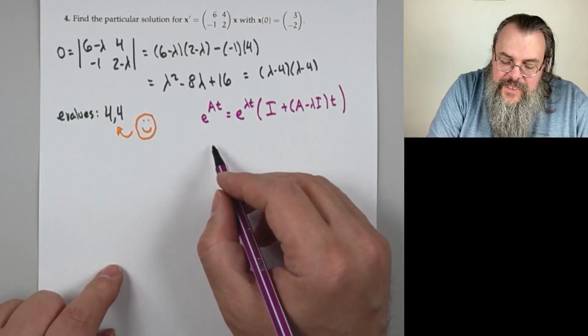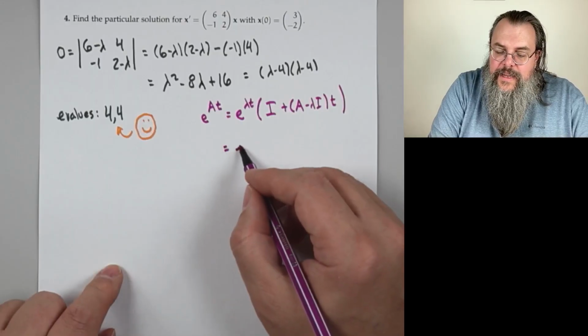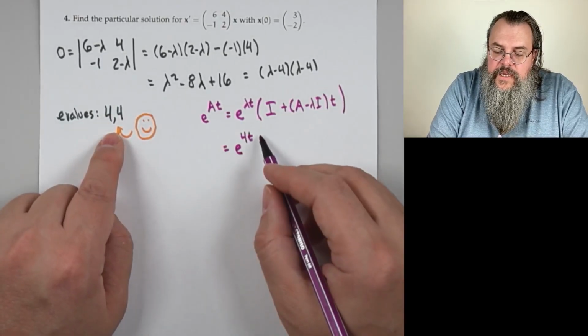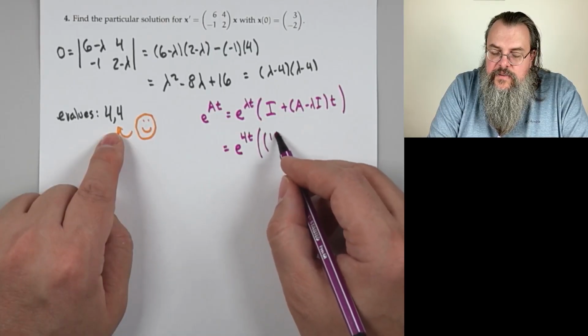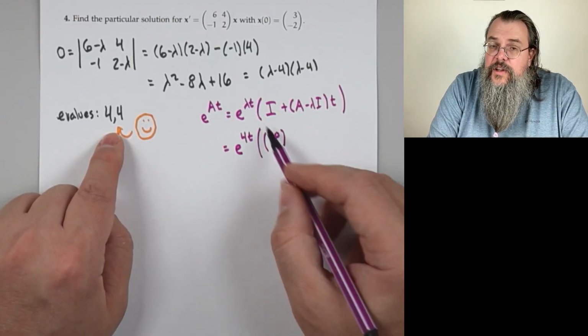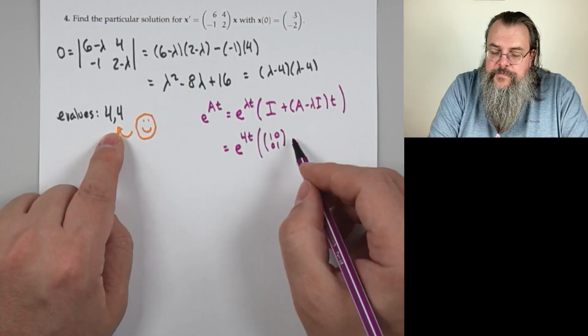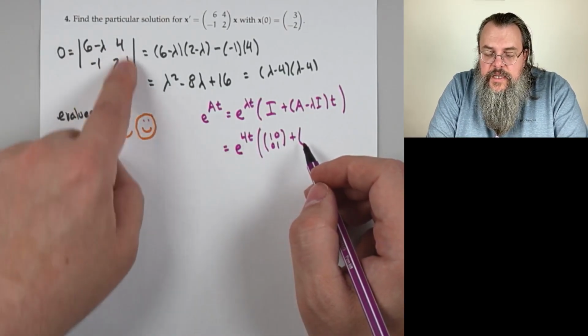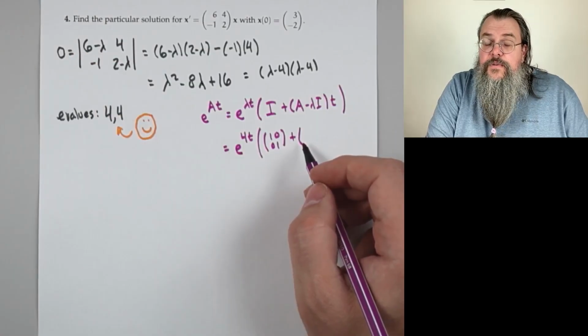So, in particular, in our case, lambda is the 4, so e to the 4t. The identity, that's the [1, 0; 0, 1]. You think of ones down the diagonal. Now, A minus lambda I, well, just come here and put in lambda equals 4.